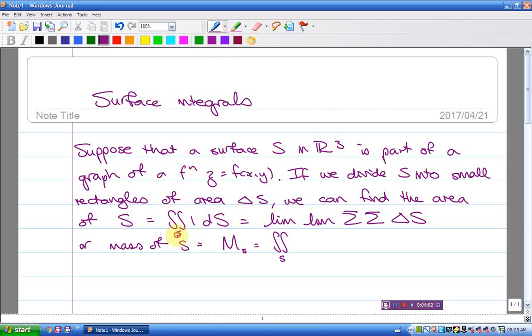The thing that I'm writing at the bottom of those two integral signs is an S. Very similar to our double integral, but instead of a dA we have a dS because each little rectangle is a little piece of S. And my density is a function of three variables because my surface is floating in space, and the density at any one point could be a function of that three-dimensional point in space. Okay, so those are the sorts of calculations that we're going to be solving.